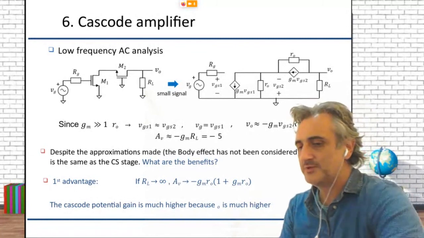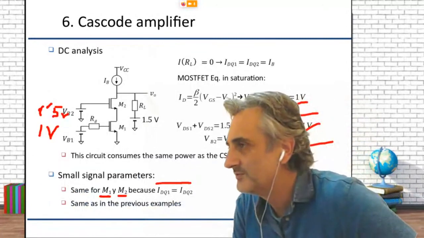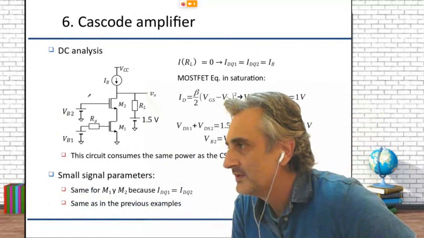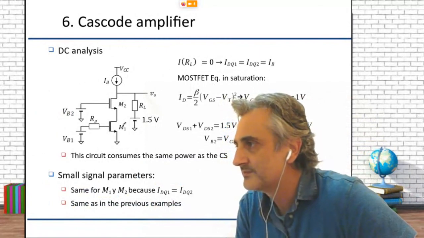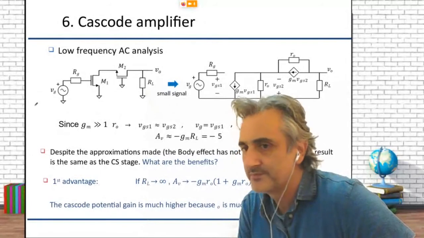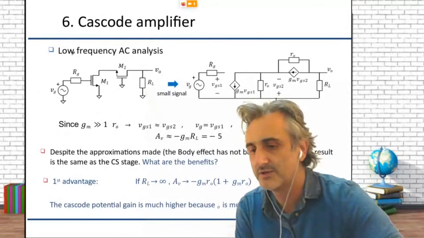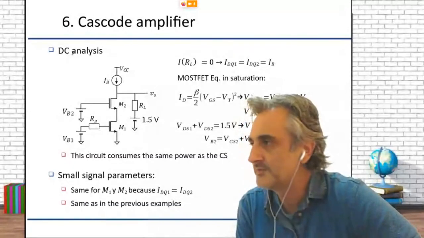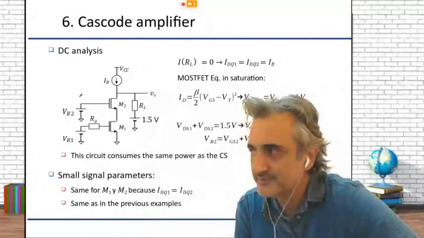Can you see how we go from this configuration to this other configuration? How do we go from large signal to small signal?